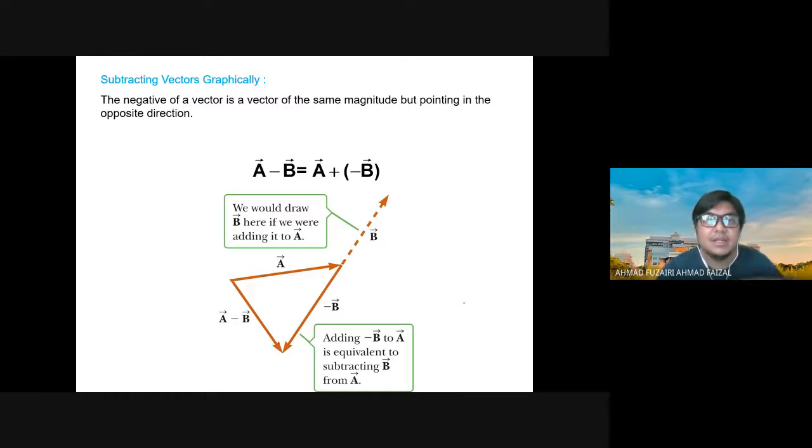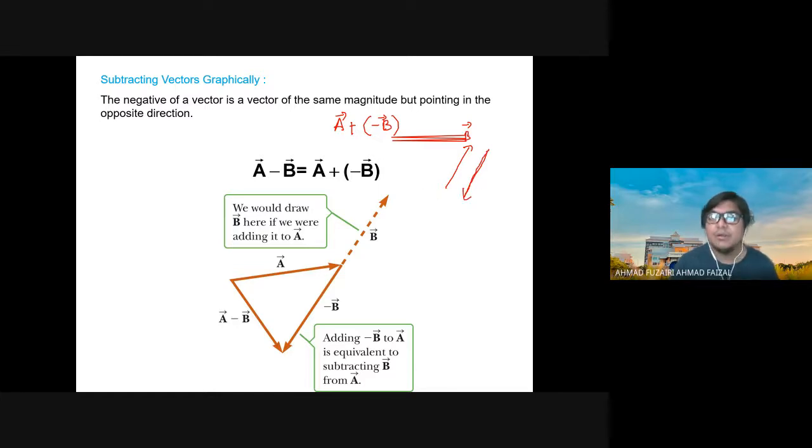So what is vector in terms of negative? We always tell you negative. A tolak B ni bukan bermaksud A menolak vektor B, tetapi vektor A menambah vektor negatif B. Apa maksud vektor negatif B? Maksud dia, kalau vektor B ke arah atas tadi, vektor negatif B sama panjang, same length, but in the opposite direction.